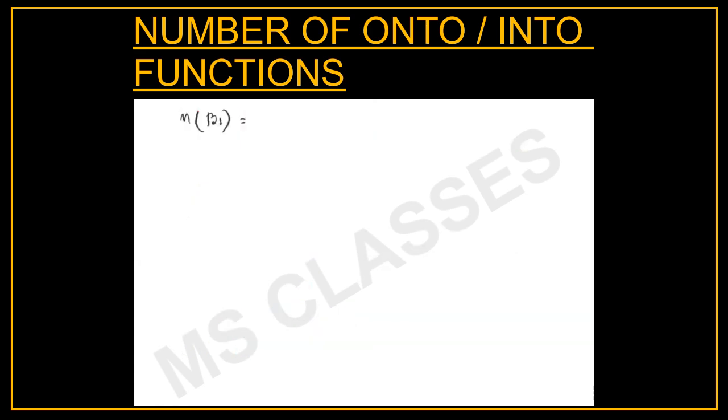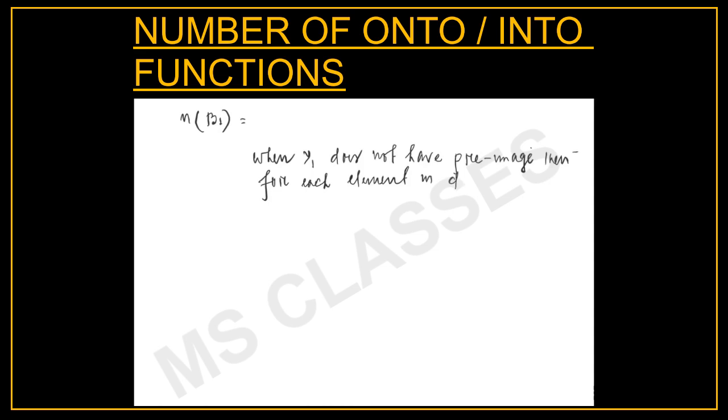When y1 does not have a preimage, then for each element in the domain there are r minus 1 choices.